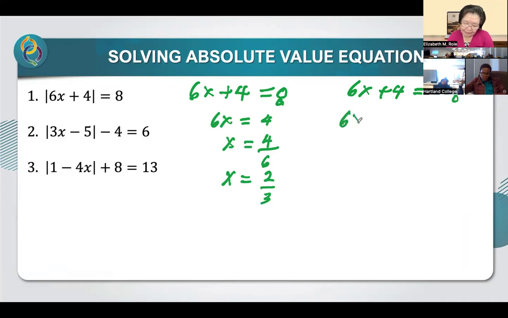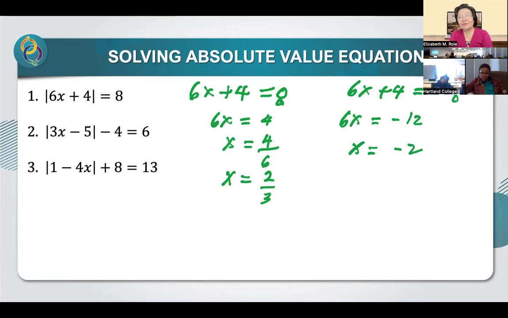The other is 6x plus 4 equals -8. 6x is equal to minus 8 minus 4, which is minus 12. X will be equal to -2. So there will be 2 answers.